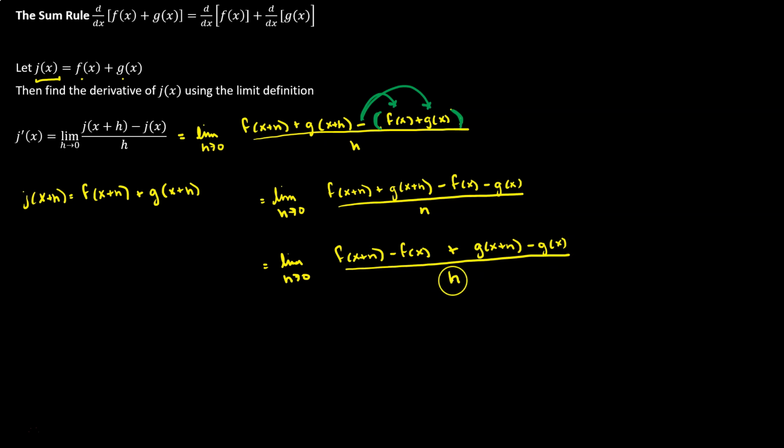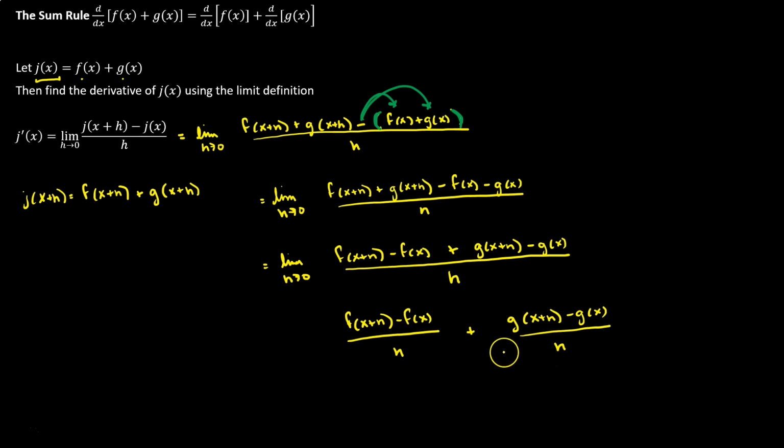Now with fractions, we can split any terms added or subtracted together in the numerator into their own fractions. So instead of writing this as one big fraction over h, I'm going to give the f terms their own fraction, and the g terms will get their own fraction. And we can verify that this is mathematically legal.